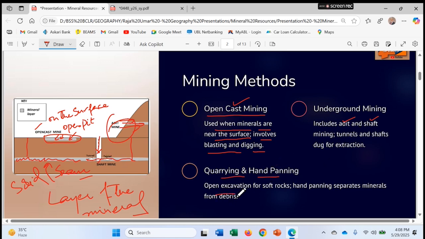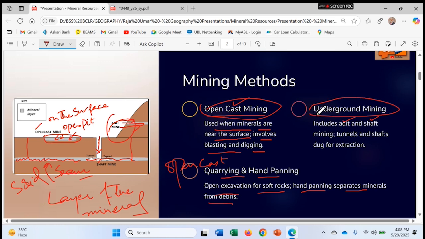So the number 3 mining method is quarrying and hand panning. Open excavation, digging for soft rocks. Hand panning separates minerals from debris. It means that this is one method of open cast, when the mineral is available right on the surface and is softer and can easily be dug out with the help of excavators or softer machines, not really very laborious in that sense.